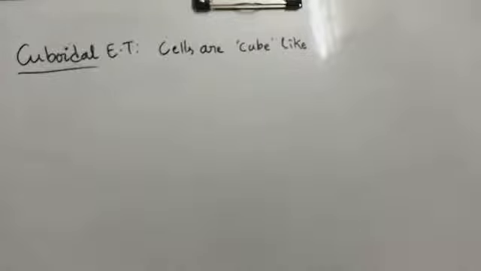Simple cuboidal epithelial tissue. A cube has got more stability. So, this cuboidal epithelial tissue is present on the structures where more stability is required.